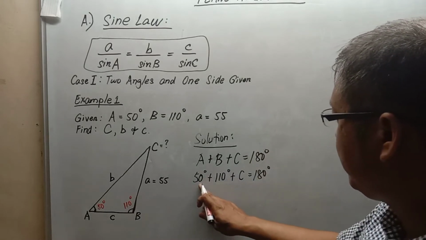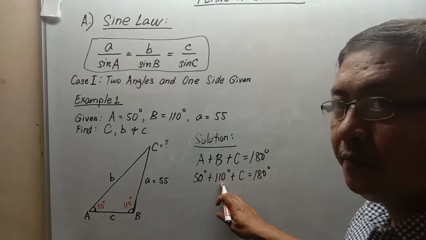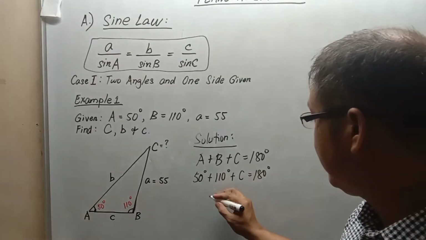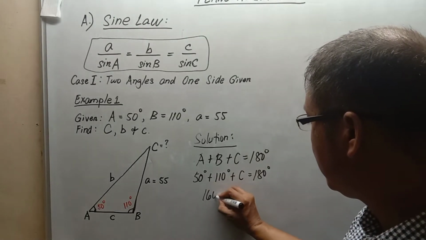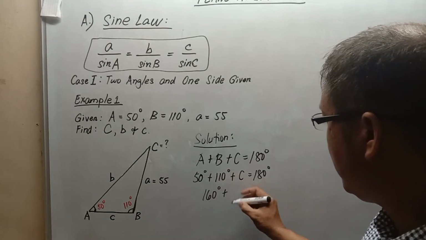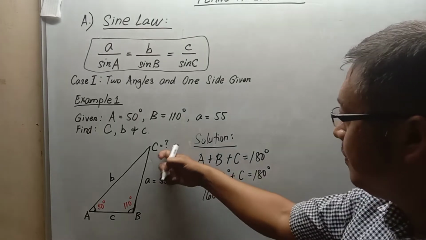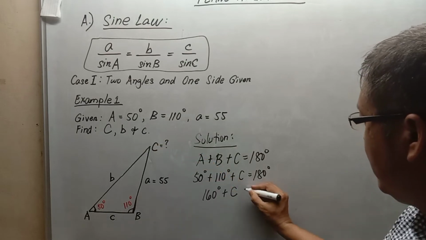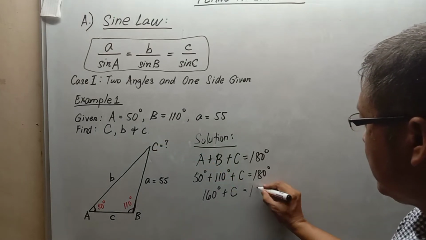So, 50 plus 110 is equal to how much? 160, right? 160 degrees, plus C, which is unknown, our first requirement, to be equated to 180 degrees.